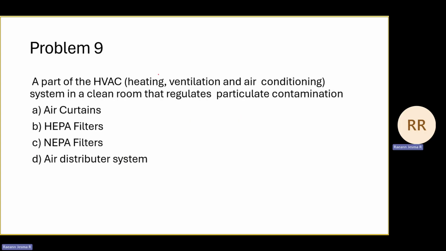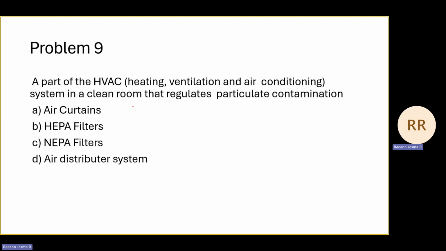Next is problem 9. A part of the HVAC, which is heating, ventilation, and air conditioning system in a clean room, that regulates particulate contamination is what? Option A is air curtain, B is HEPA filter, C is NEPA filter, and D is air distributor system. We know that in a clean room environment we have to maintain heating, ventilation, and air conditioning.